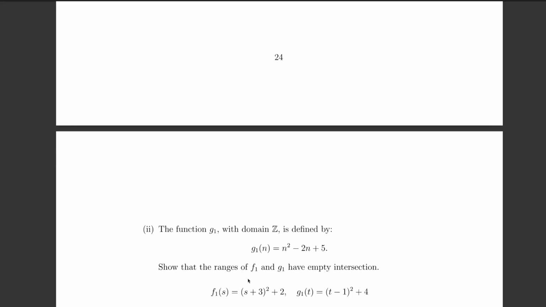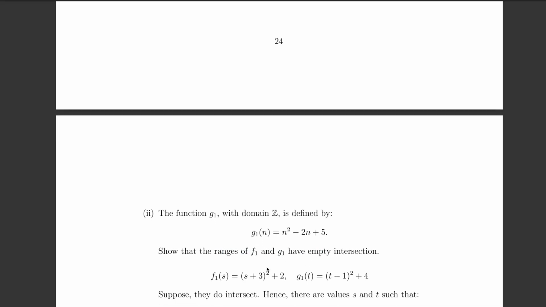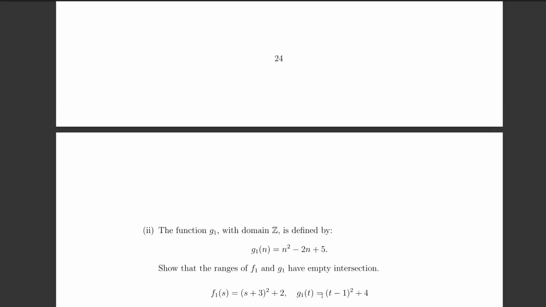So if we just replace f1 with a different variable, and g1 with a different variable, to help distinguish between them, then what this last part is saying is that we're trying to prove that these two functions are never equal to each other, which means that their ranges have an empty intersection, right?